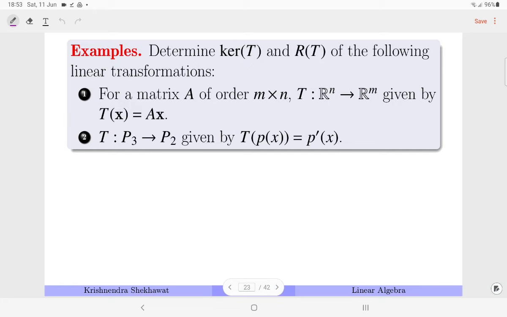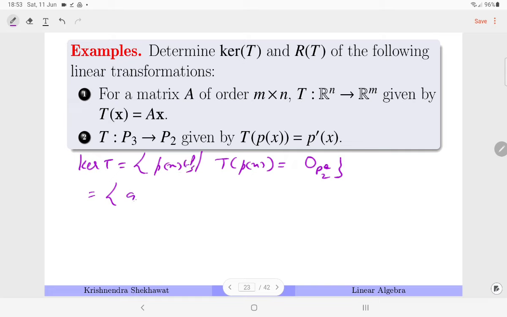T from P3 goes to P2 such that T of p(x) is equal to p'(x). So if I see kernel T, then the kernel T is all those p(x) for which T of p(x) is the 0 vector of P2. Yes, so all those p(x) belong to P3, which is a0 plus a1x plus a2x squared plus a3x cubed, such that p'(x) is equal to 0.